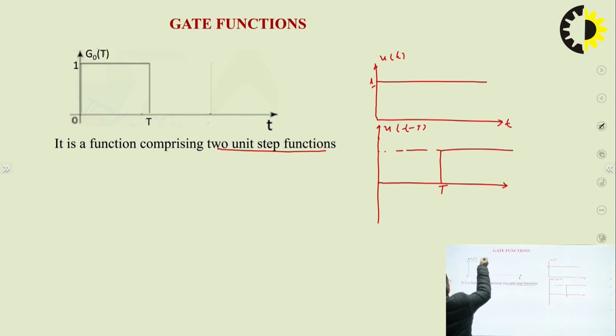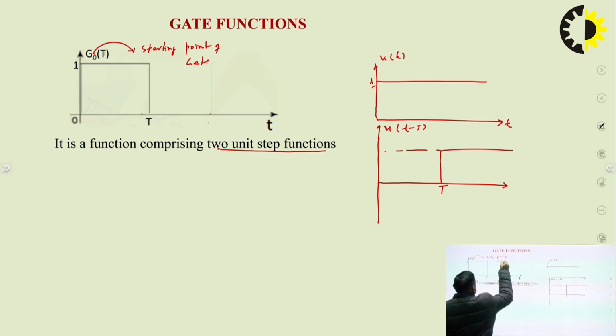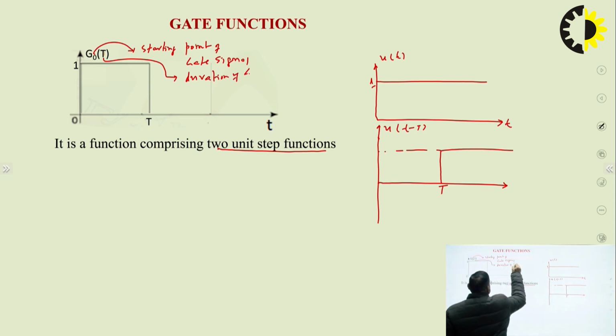So this is denoted by G0(T). And G0(T) means this 0 is the starting point of the gate signal, and this T is nothing but the duration of the gate function.